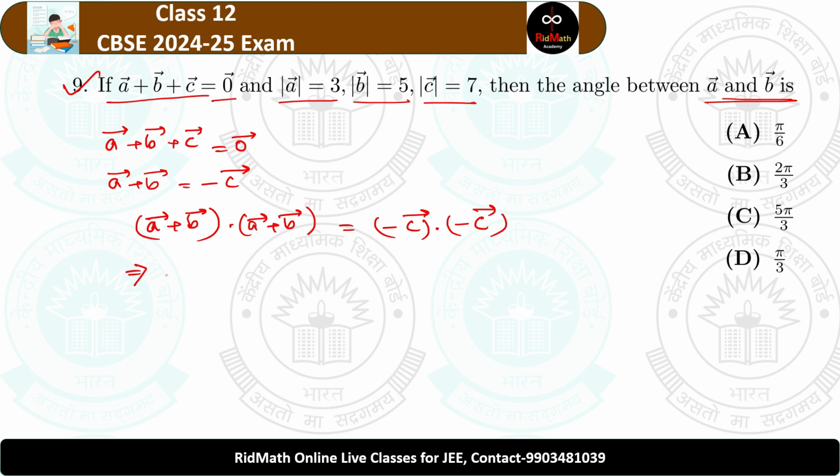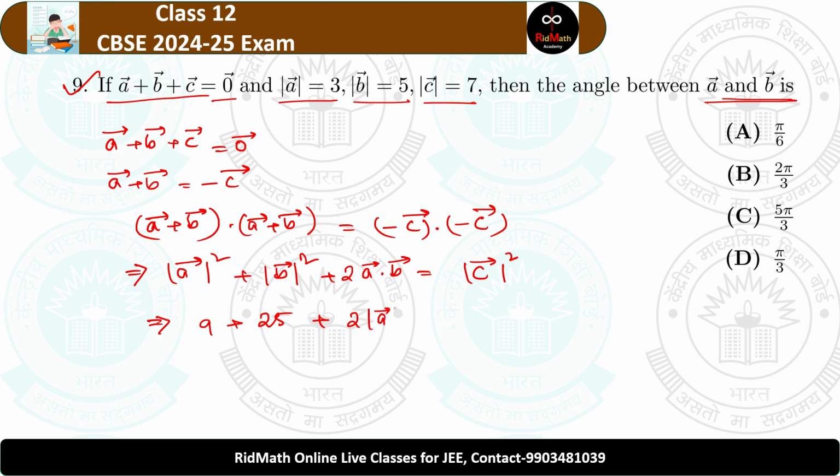So this is equal to mod A whole square plus mod B whole square and 2A dot B equal to mod C square. This is equal to mod A whole square is 9, mod B whole square is 25, and this is mod A mod B cos theta equal to, this is 49.